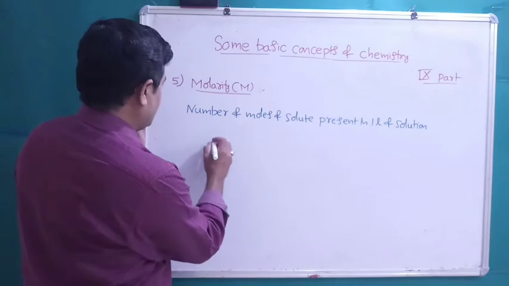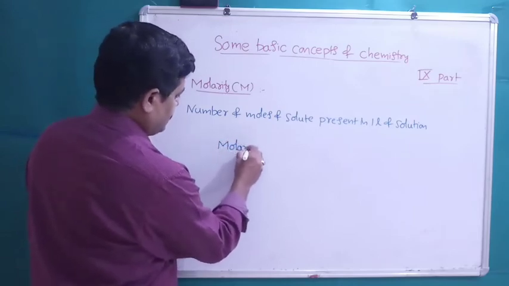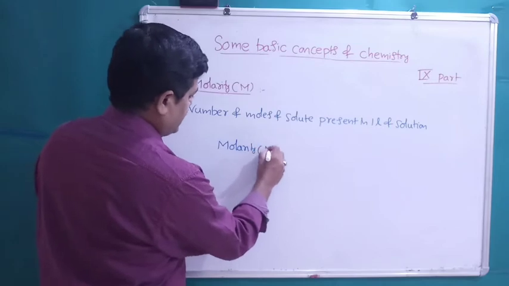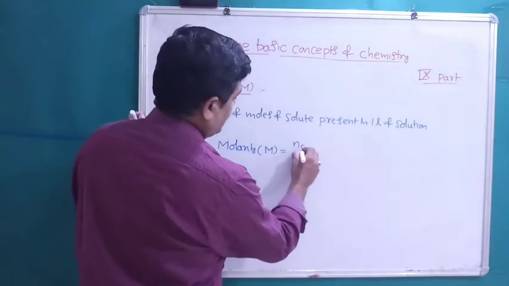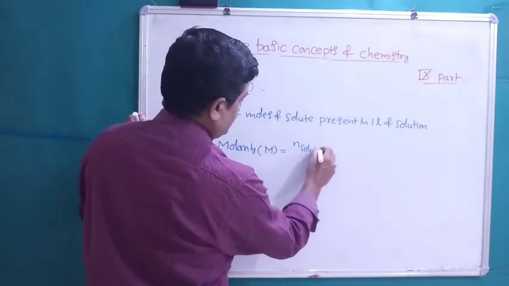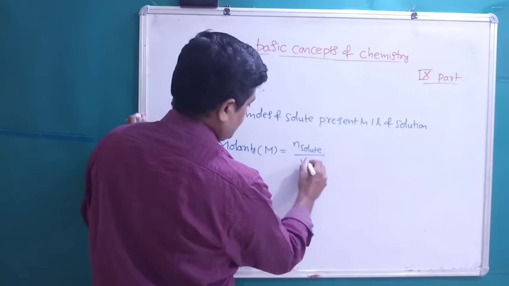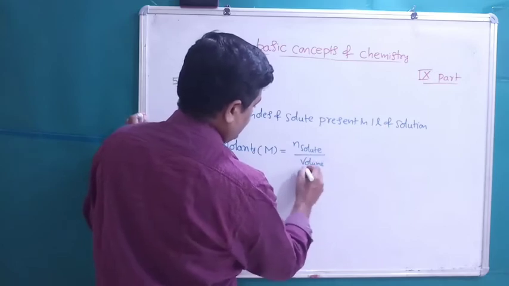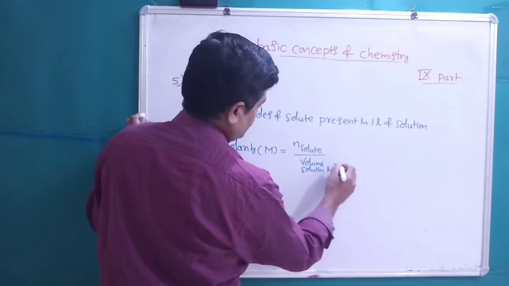So molarity is given by the formula. Molarity is indicated with the capital M. Molarity is equal to the number of moles of the solute divided by the volume of the solution in liters.